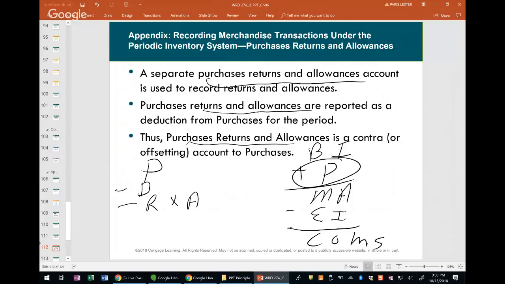And that would give us net purchases. And we may even have to add freight in. Now that would give us net purchases, and that's what goes here. So that is the periodic method.